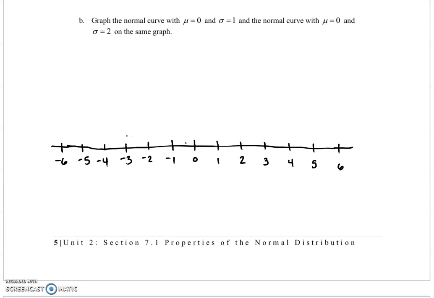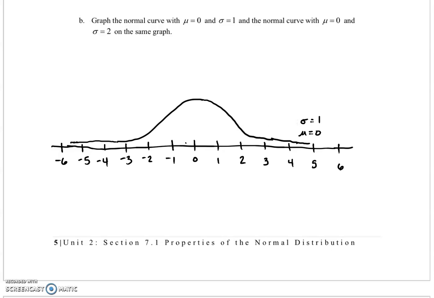So the first one is going to have a mean of 0 and a standard deviation of 1. So it's kind of going to look like this. I'm telling you, these things aren't easy to draw. That's better. We'll go with that. So that one is our mean is 0 and standard deviation is 1.